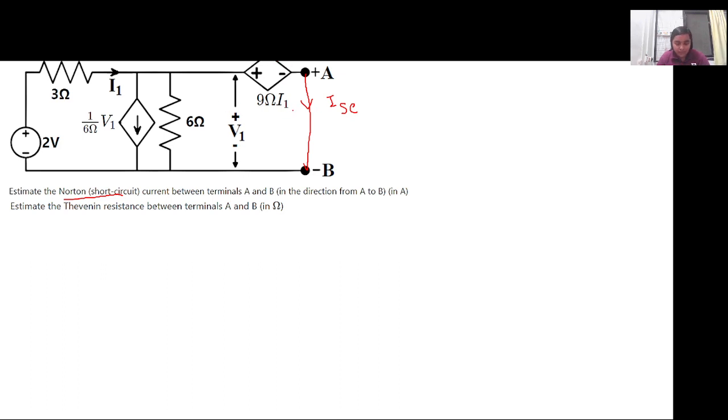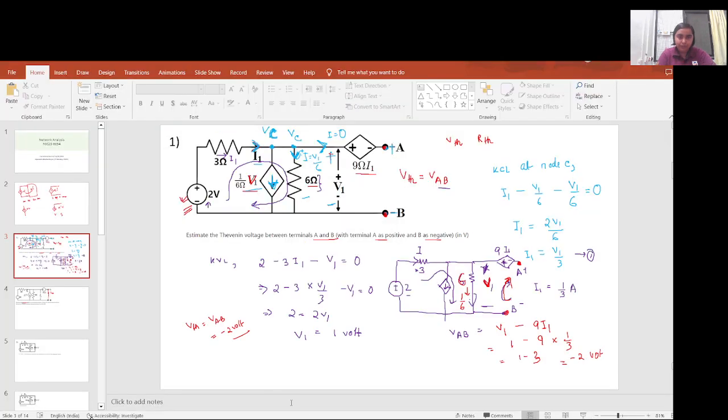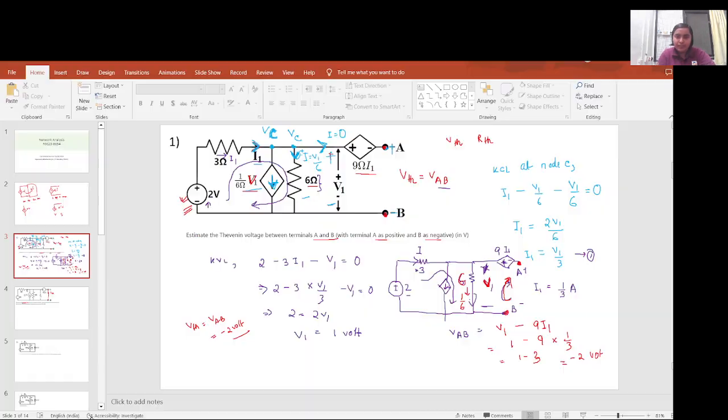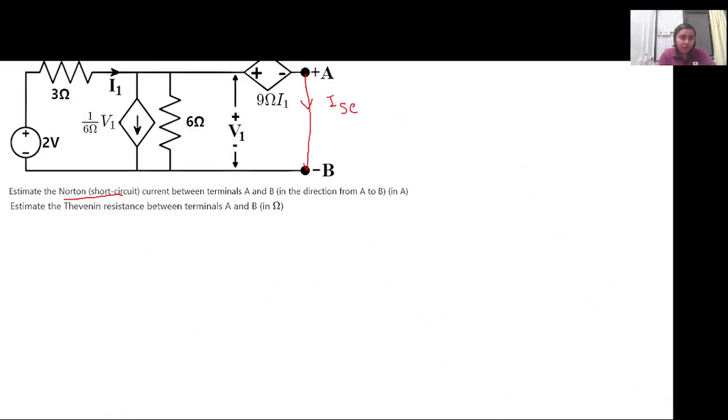Now this I1 and V1 will change, because earlier this was an open circuit, so no current was flowing through it. So there was a certain value of I1 and V1. Now keep in mind, when you are shorting the terminals, this I1 and V1 may or may not change depending on the circuit parameters.